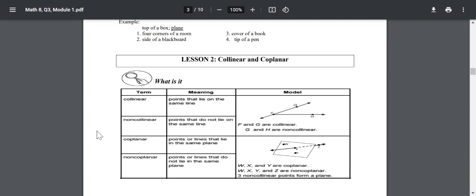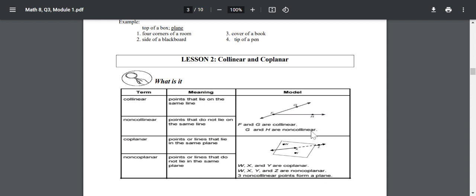How about non-collinear? Non-collinear are points that do not lie on the same line. So from the word non, dili collinear, so meaning wala nagline ang mga points, nagkatag. So let's take a look at the model. Diba natay line FG o FH.